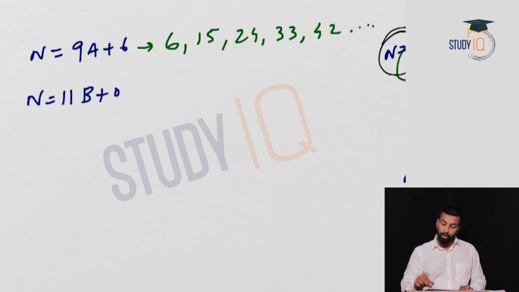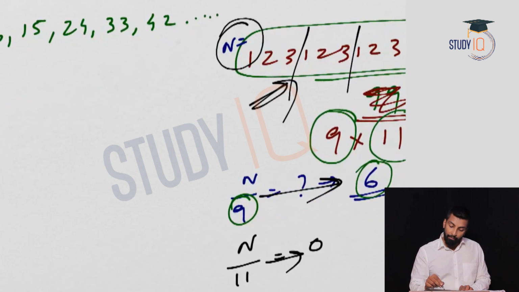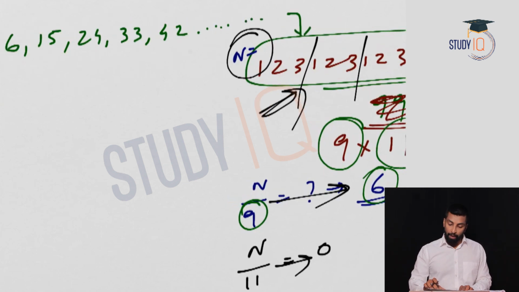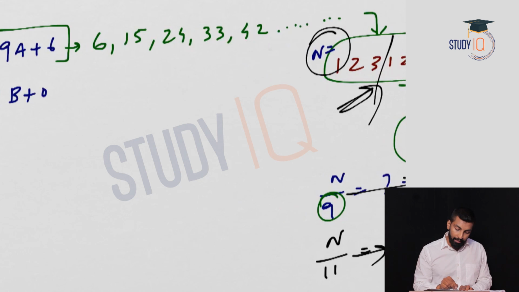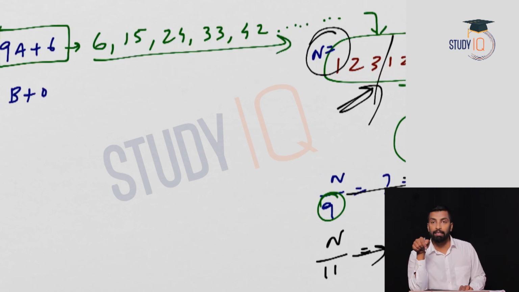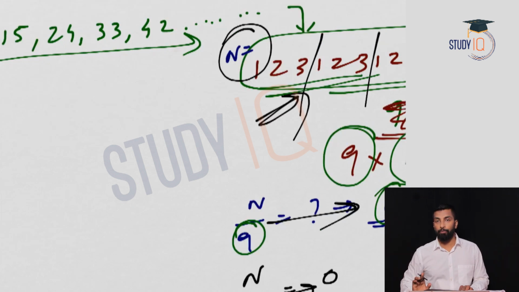It will go on, and finally somewhere you get this bigger number. Why? Because this number is a part of this series, and this is actually an AP with a common difference 9, because the divisor is 9. You will definitely get this term at one point of time.